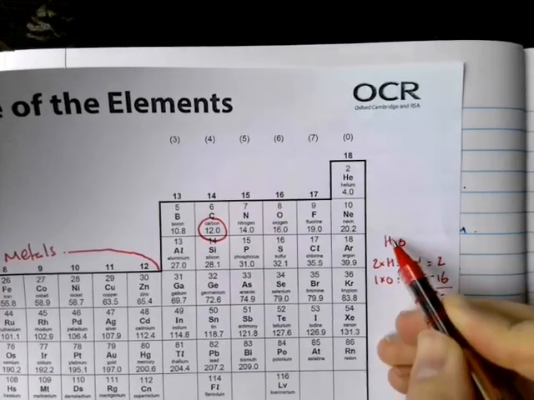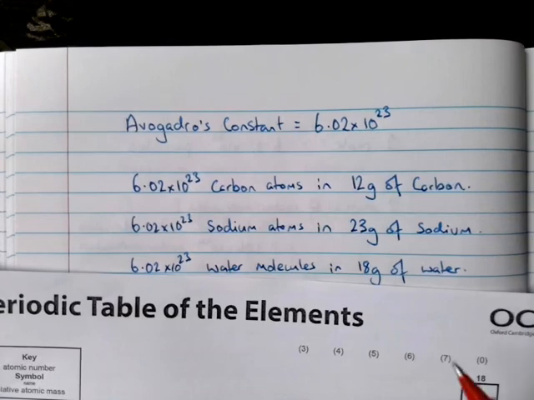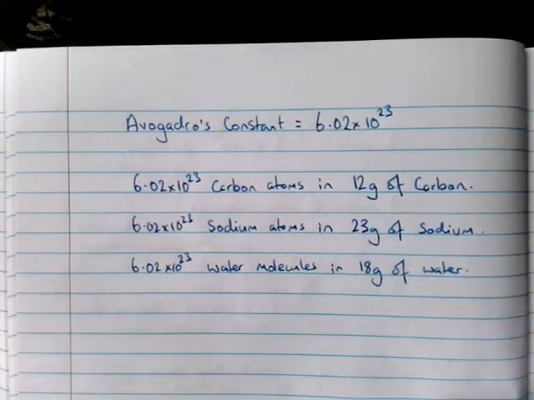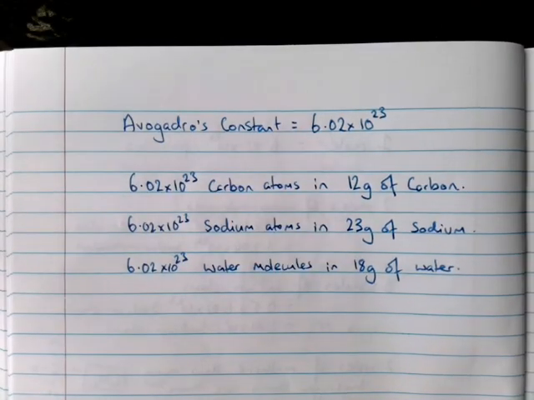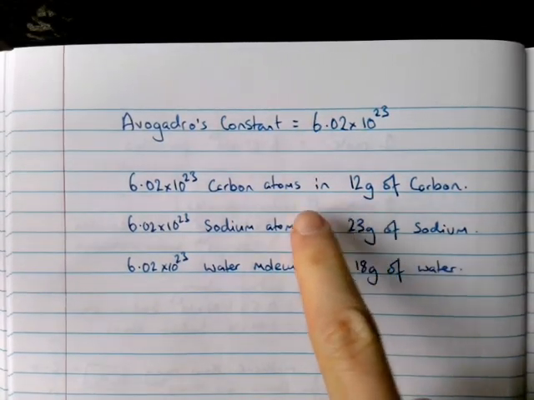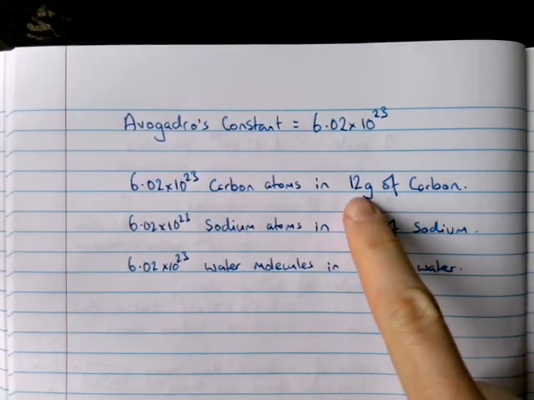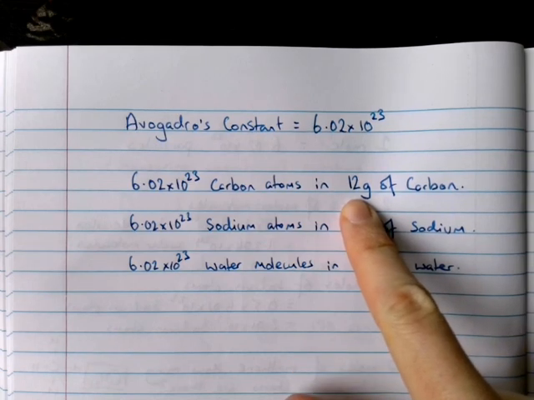So the relative formula mass of water is 18, and in 18 grams of water, I have 1 mole of water molecules. So the mass of 1 mole of anything is equal to its relative atomic or relative formula mass.